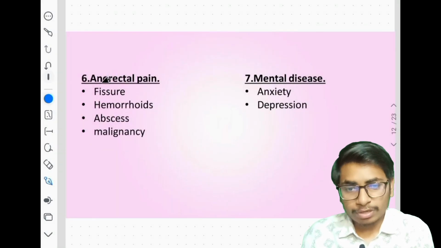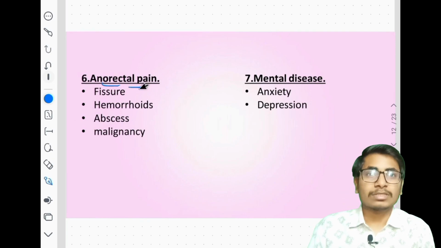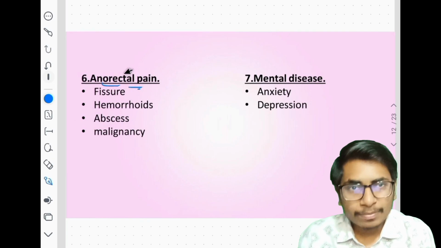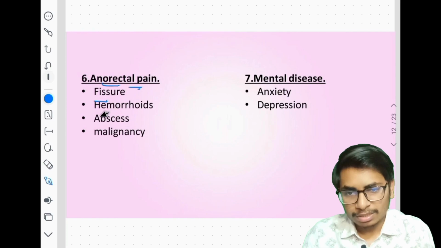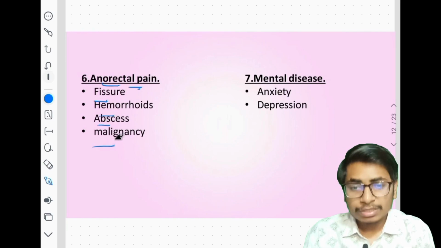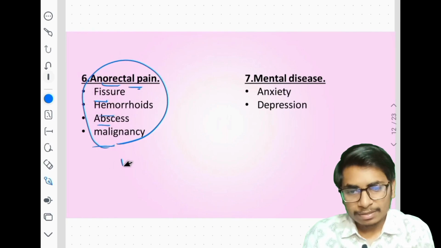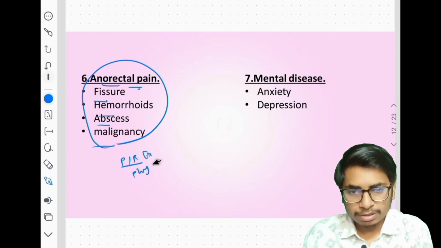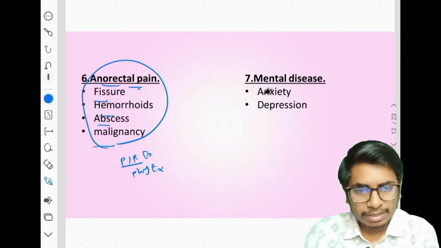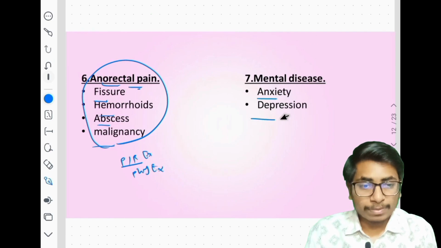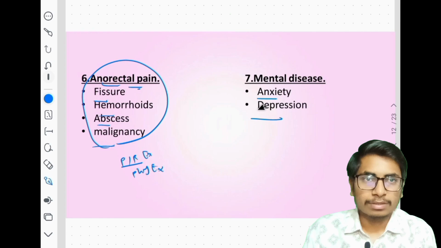Then sixth is anorectal pain. Due to that pain, the person does not have a desire for defecation. For example, fissure, hemorrhoid, abscess, malignancy. It is also identified by per rectal examination or physical examination. Then seventh, anxiety or depression also produces constipation.